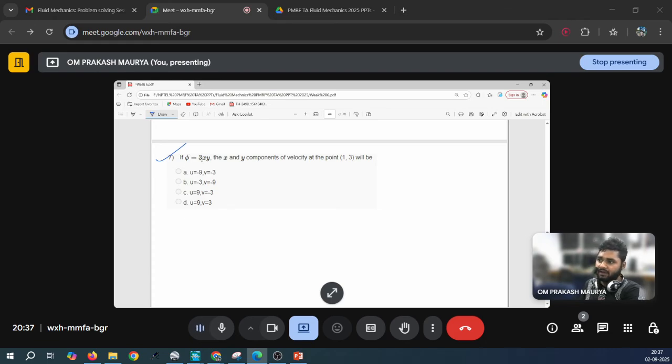So phi is equal to 3xy, and we need the x and y components of velocity at point (1, 3).